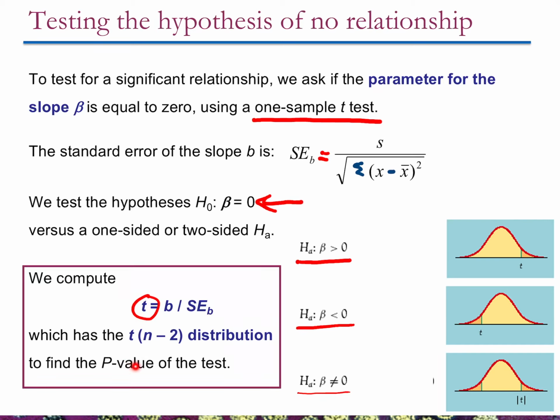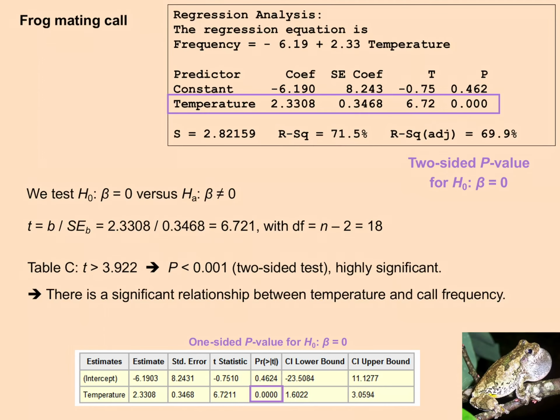And a small value of t should equate to a large p-value. However, if you have a small standard error of the slope, very little vertical variation in your data, and you divide a large slope by that, then you get a large value of t, which should give you a small p-value.